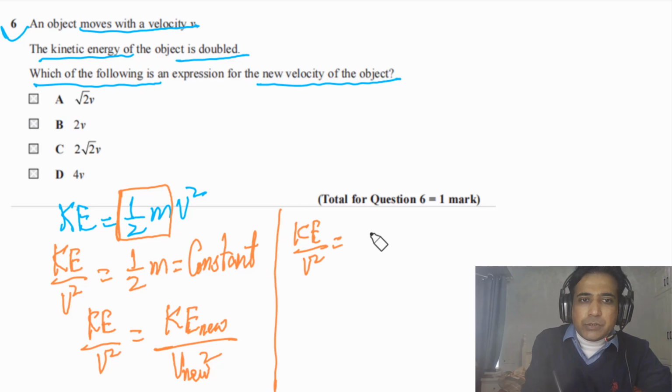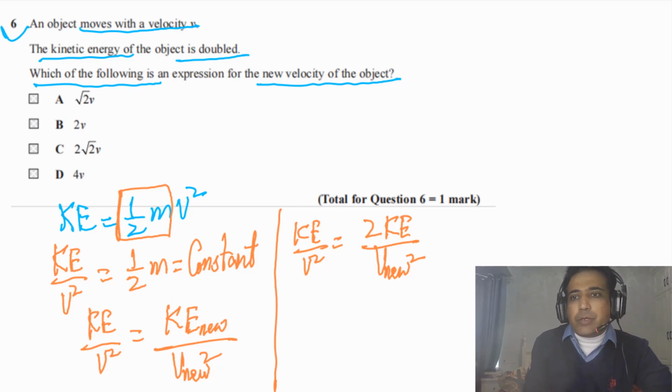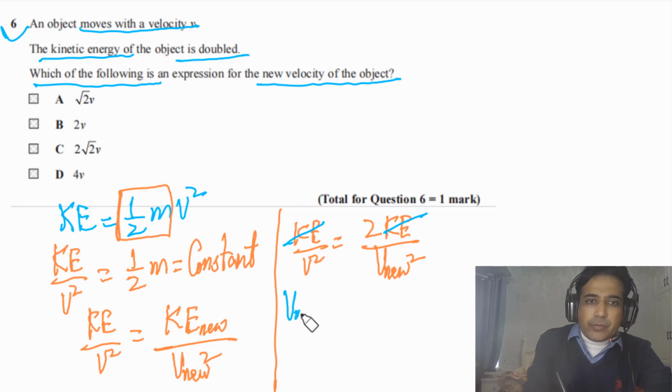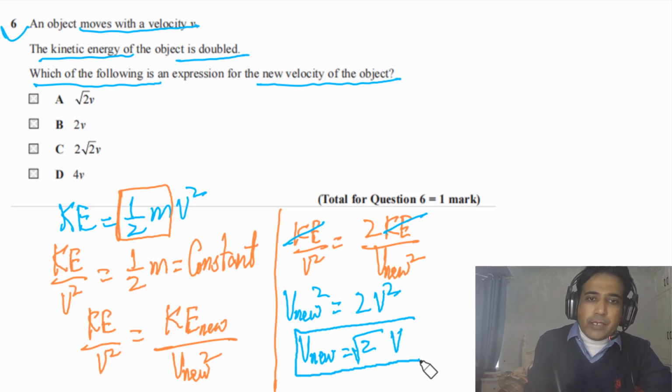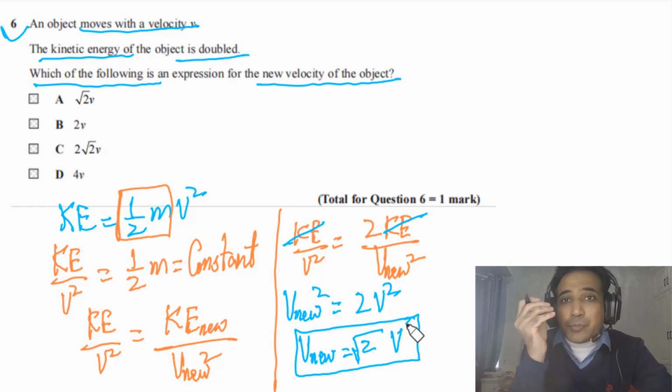The new value is equal to 2 times KE divided by v new squared. From here we can simply cancel this KE with this KE, and we can write down that v new squared is equal to 2 times v squared. Now if we take the square root on both sides, we get v new equal to root of 2 times v. So this is the new value of v, and this is a beautiful way.